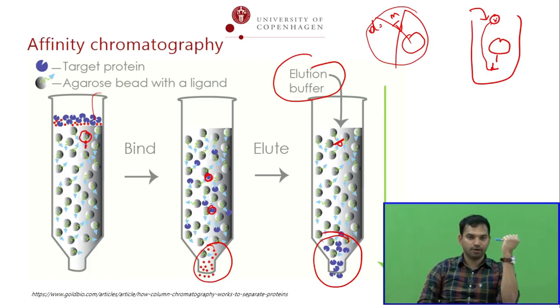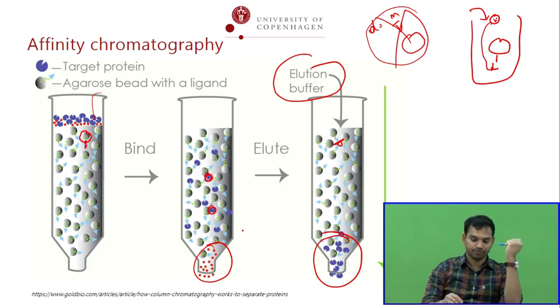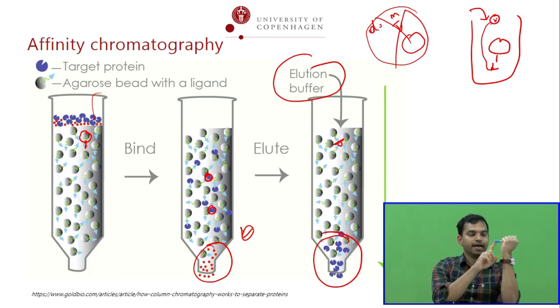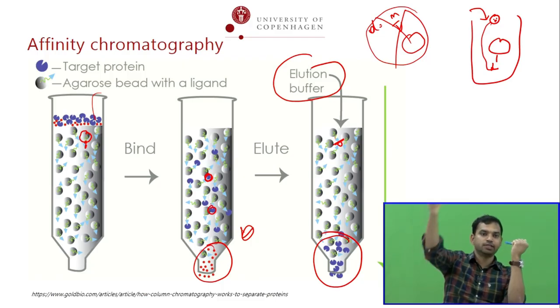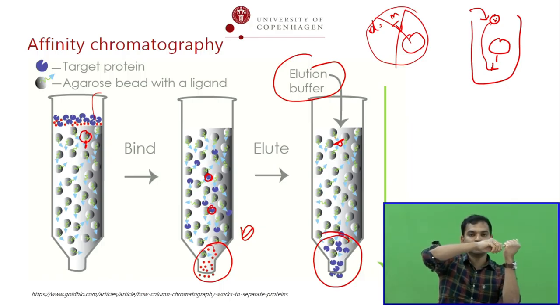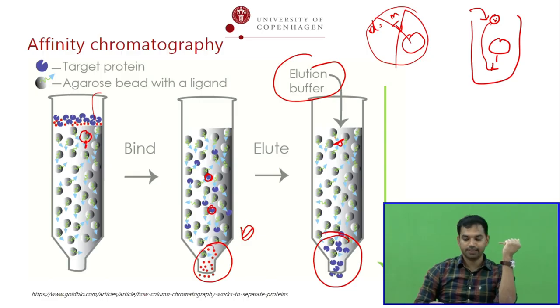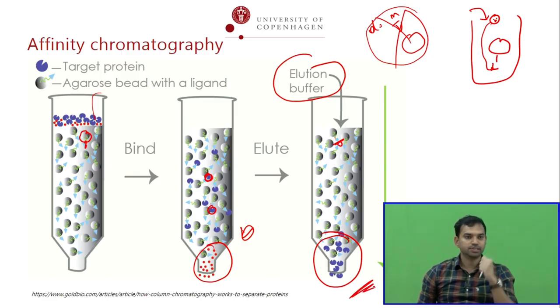Other things will come down first. That is this step. Right? Now I actually want my protein back at the end of the day. To remove the protein, I add another solvent, and the interaction between ligand and protein is removed, and the protein comes down in the second step. So this is called affinity purification. There's an affinity, a love, between ligand and the protein.